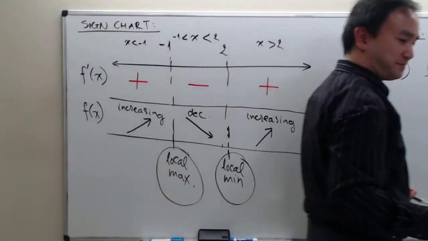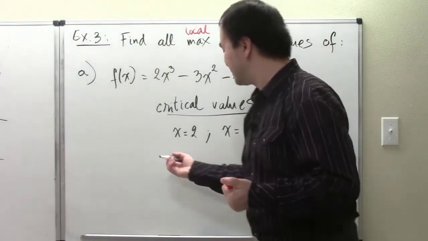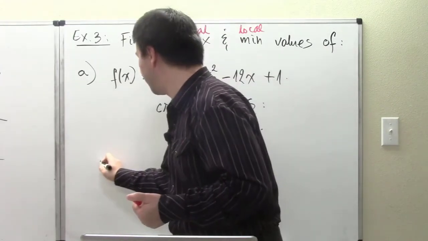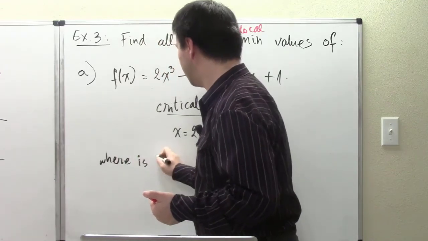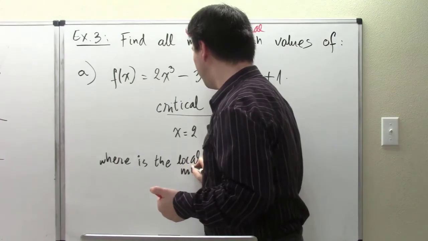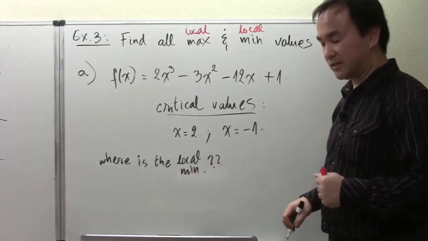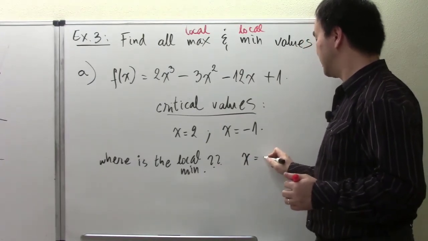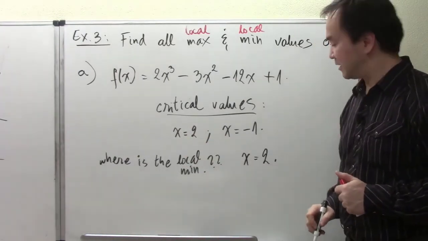So once again, for that question, where is the local minimum? Okay, that's the question right there. And so now our answer: the local minimum is happening at x equals 2. Yeah, the other critical value.